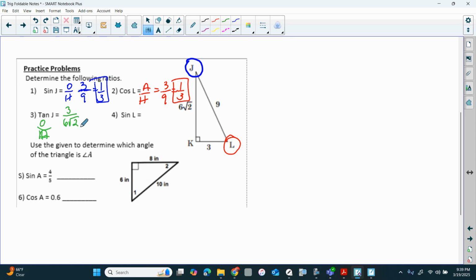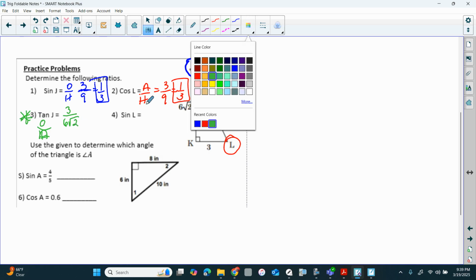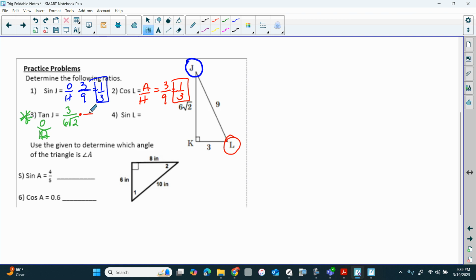And I'm going to put a star here. We cannot leave it like this because we have a radical at the bottom. So we have to rationalize that, meaning we multiply the top and bottom by root 2. This will leave me with 3 root 2 over 12. And then I'm just going to make a little note that this can be reduced.